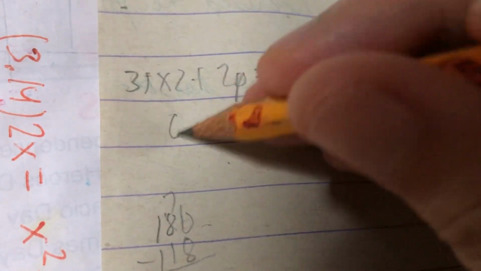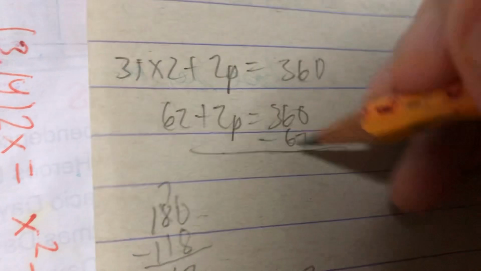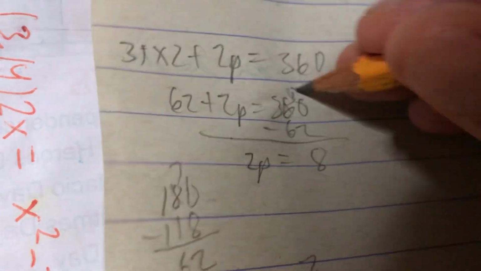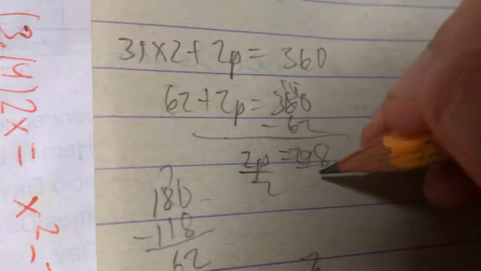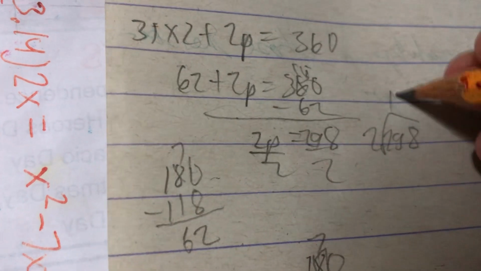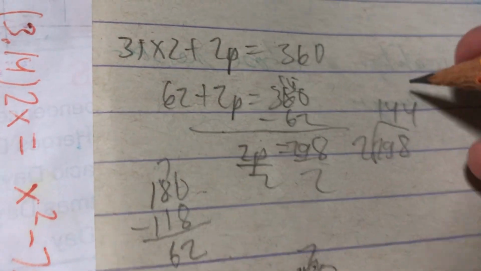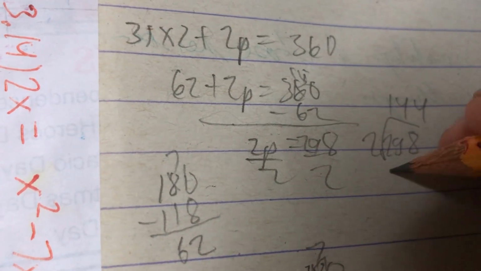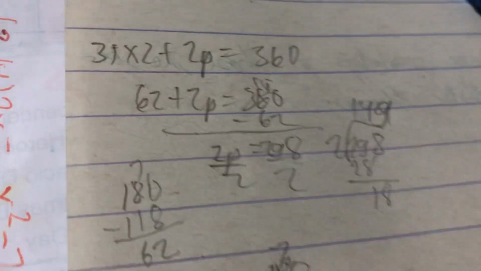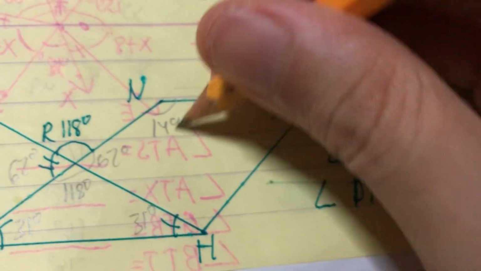So 62 plus 2p is 360. Subtract both sides by 62, and we get 2p equals 298. Divide both sides by 2, and we get 149. So this should be 149 degrees.